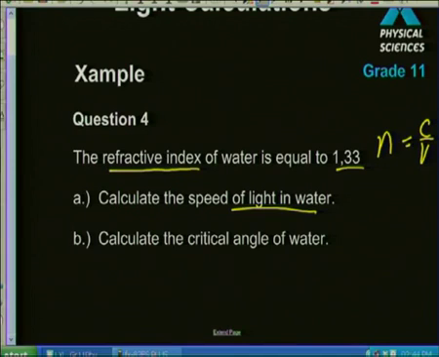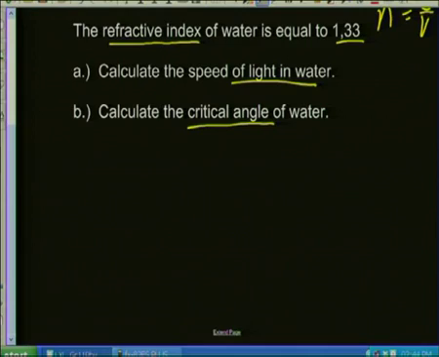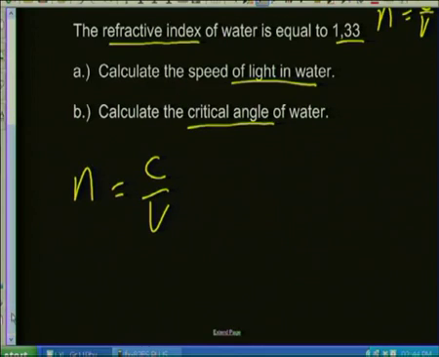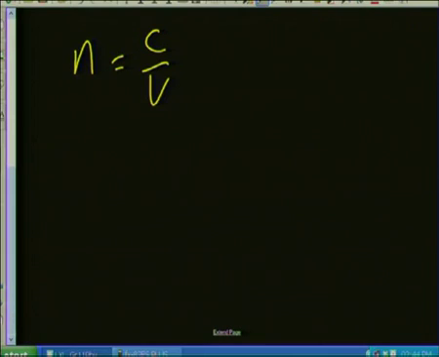The second thing, it says calculate the critical angle of water. Now, this is with respect to air, and I'll come and explain that. Let's do the first part because I think it's quite easy, and let's make sure that we get it. So we're going to use the fact that the refractive index is equal to the speed of light divided by the velocity of the light in that medium.